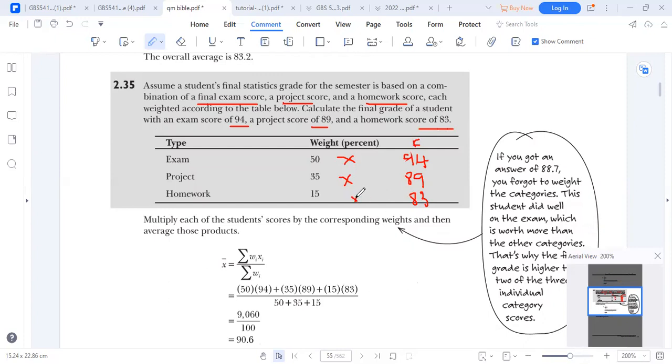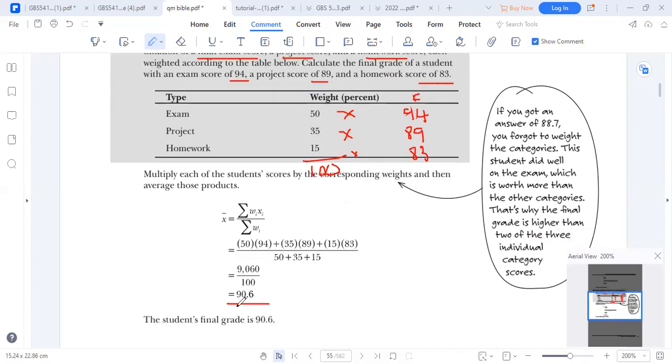Then you sum up the weights, so the total here will be 100. So 50 times 94 plus 35 times 89 plus 15 times 83, over 50 plus 35 plus 15, which is 100. Divide that and you get 90.6. That was the final score of the student.